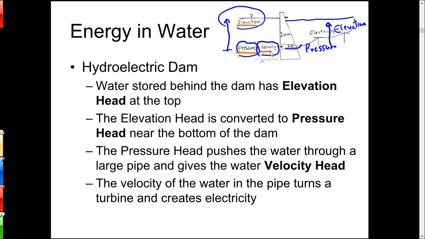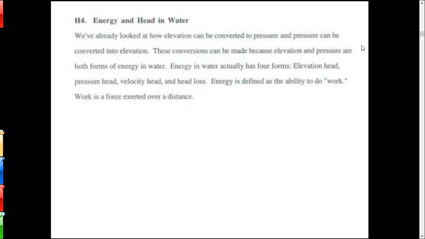That pressure will create velocity and push the water through a pipe that goes through the dam. If we put a generator in that pipe, we can use that velocity to turn the generator and generate electricity, which can power our lights at school. So what we're doing there, we're converting water into energy into different forms. In this case, elevation, pressure, and velocity.